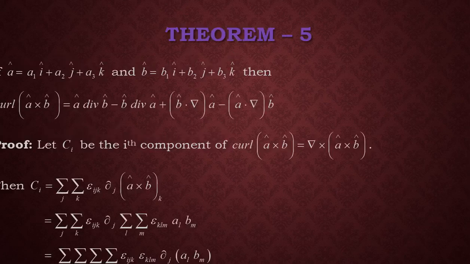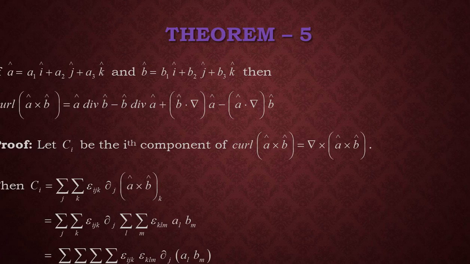Theorem 5. In this theorem, we are going to prove another identity. In this present theorem, we take two vector fields a cap equals a1 i cap plus a2 j cap plus a3 k cap and b cap equals b1 i cap plus b2 j cap plus b3 k cap.